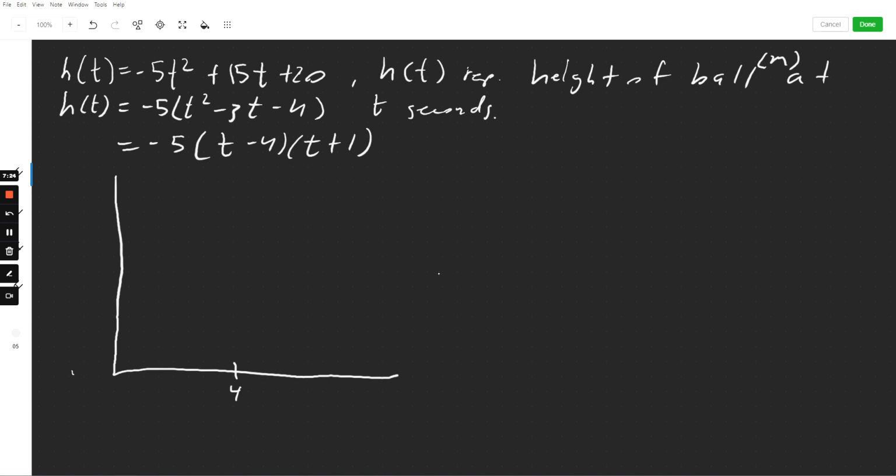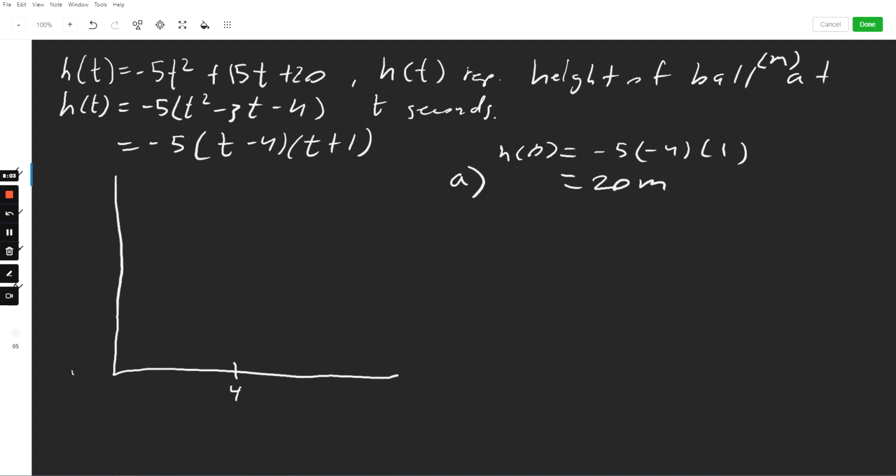And then what we are actually looking for is how high up the window is. Let's say that's A. So that would actually be the y-intercept, because the window is when t is 0. So h(0) equals -5 times -4 times 1, which equals 20 meters.